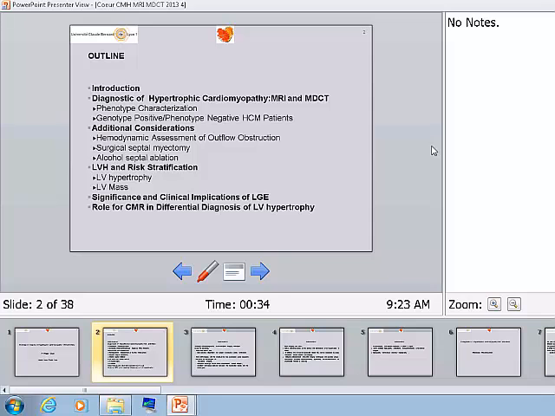I will also add some additional considerations and review risk stratification, the significance and clinical implication of late gadolinium enhancement, and the role of MR in differential diagnosis of left ventricular hypertrophy.